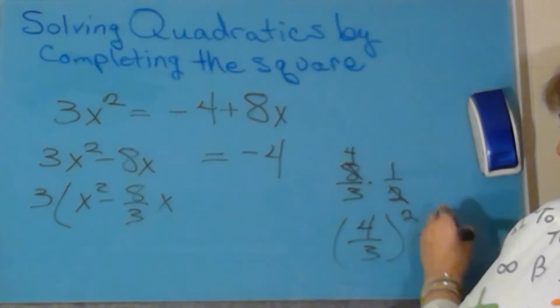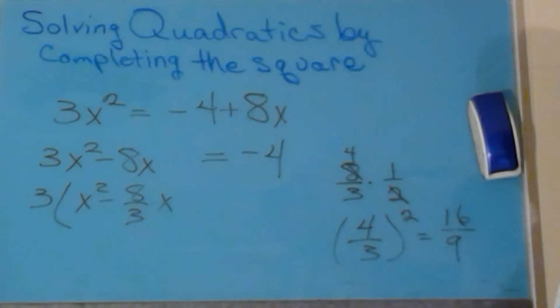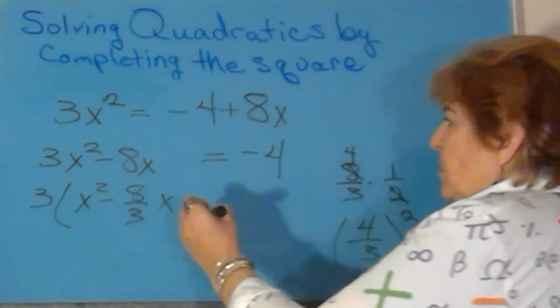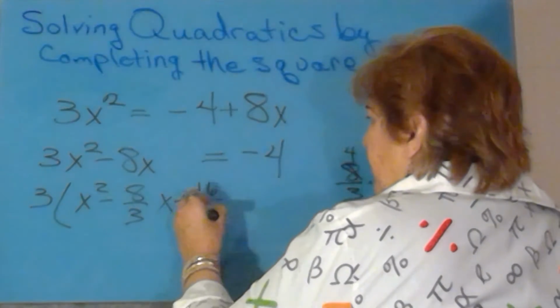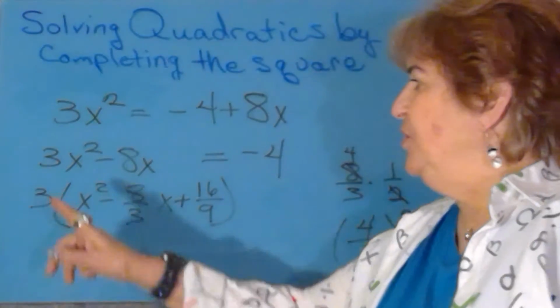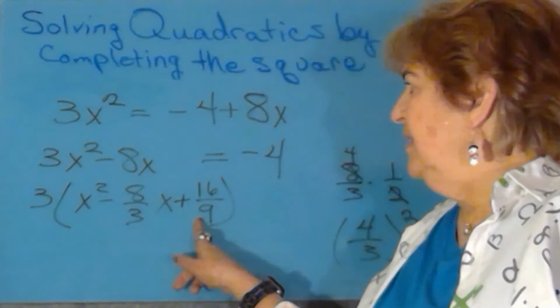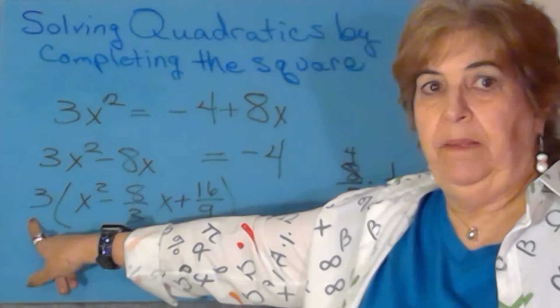That's going to give me 16/9. So that's what I'm going to add. Now, one thing you have to pay attention to, that 16/9 is being multiplied by 3.